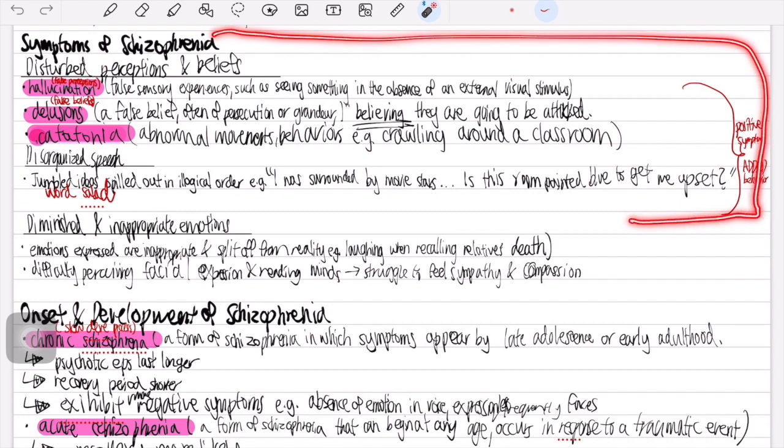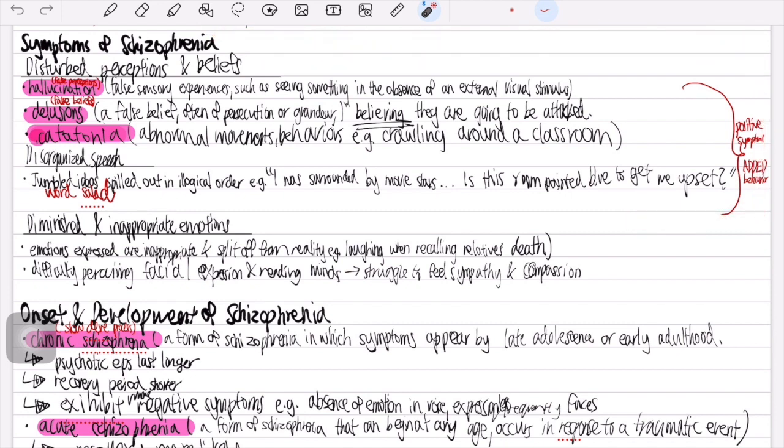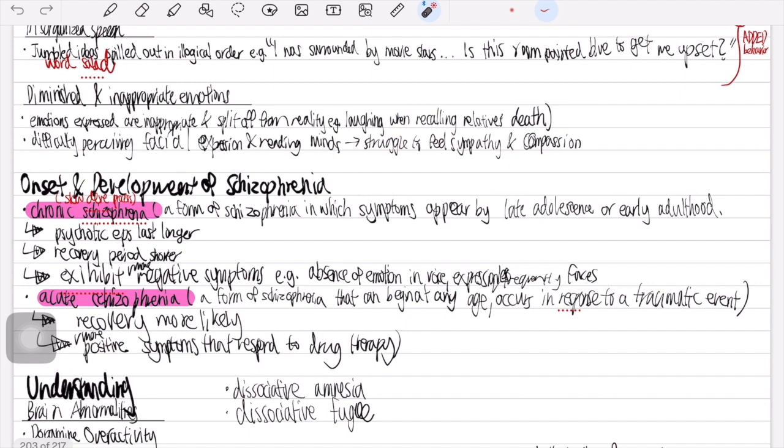And it is important to note that all of these symptoms are positive symptoms because these are added behaviors once you get schizophrenia. On the other hand, there are negative symptoms such as inappropriate or emotionless expression, or difficulty perceiving facial expression, and struggling to feel empathy and compassion for others.